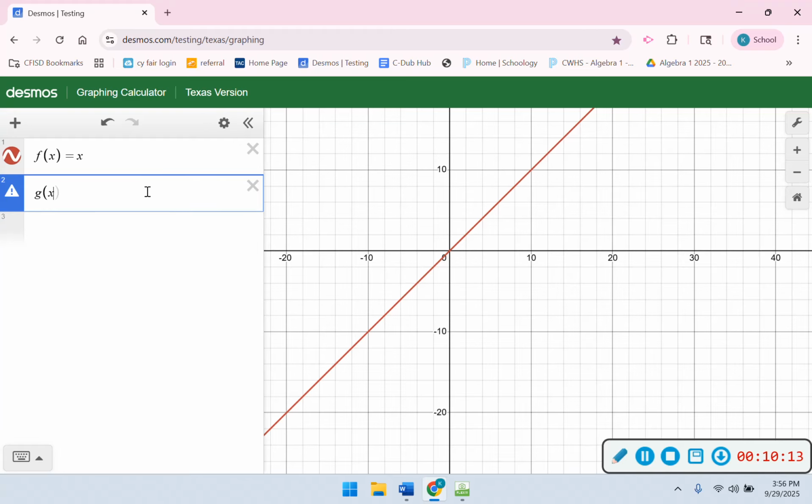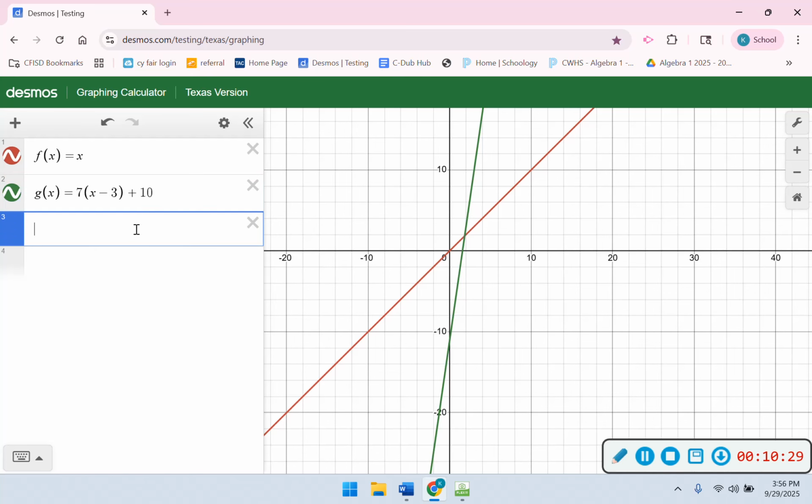So answer choice A, g of x equals 7 times (x minus 3) plus 10. It needs to go through the ordered pair (3, 10), so I'm going to type that in Desmos. And it does. So there's my answer.